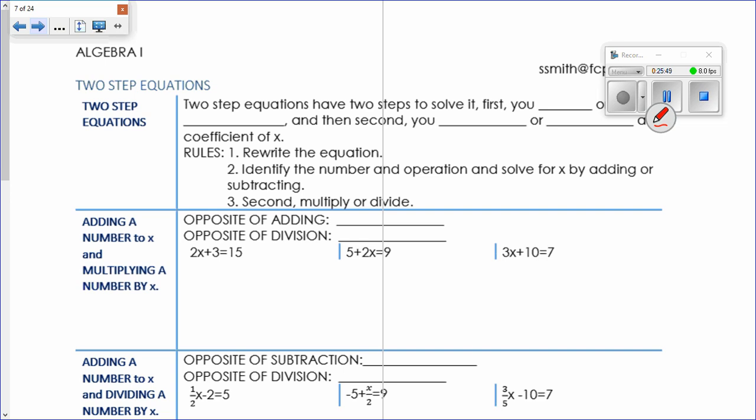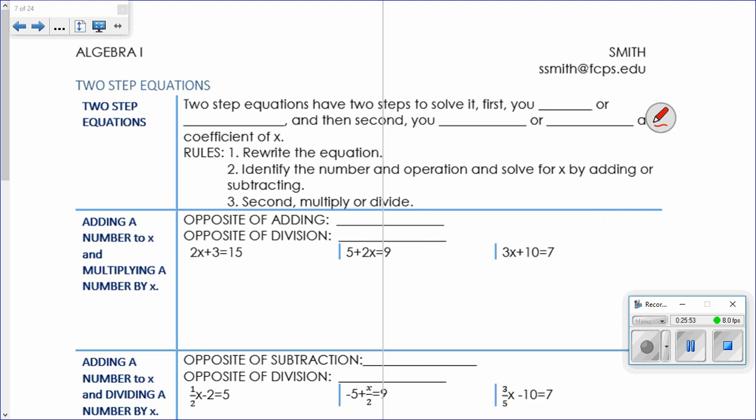Now you're going to add and subtract, and you're going to multiply and divide. So 2 steps. First, you always add or subtract. What's your first step when you're solving a 2-step equation? Carla? What is your first step when you're solving a two-step equation? Yeah. What else?